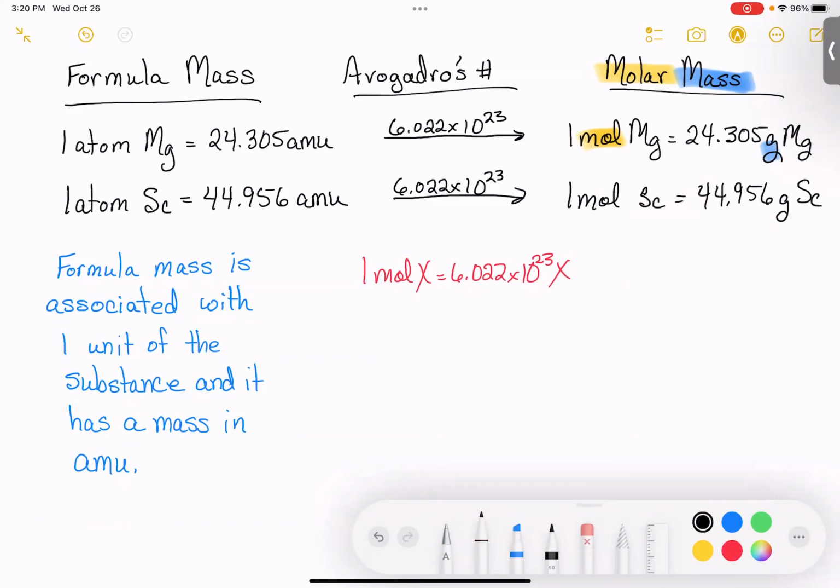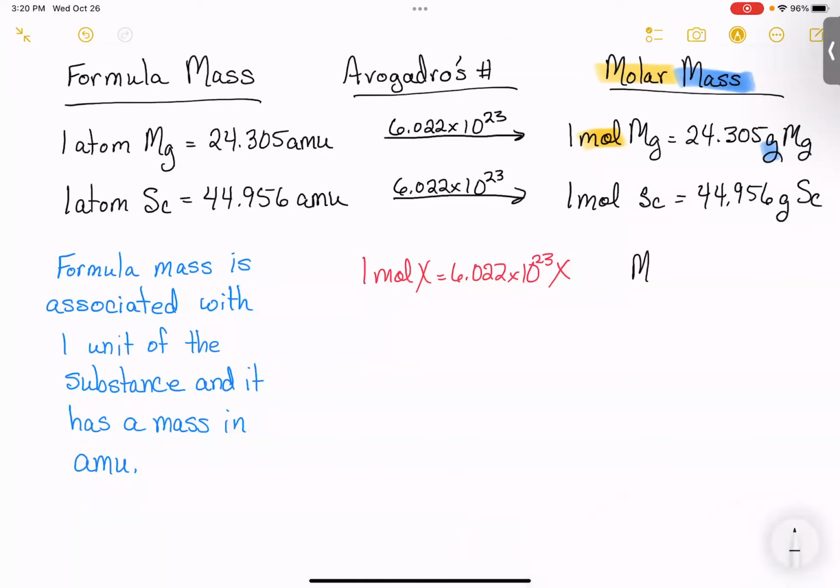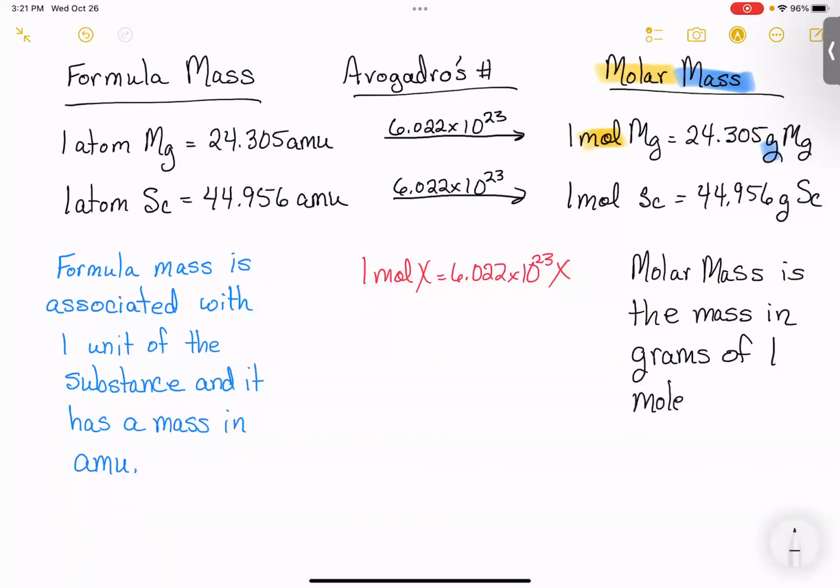The molar mass, therefore, is the mass in grams of 1 mole of substance.